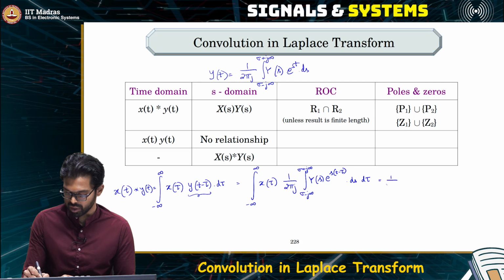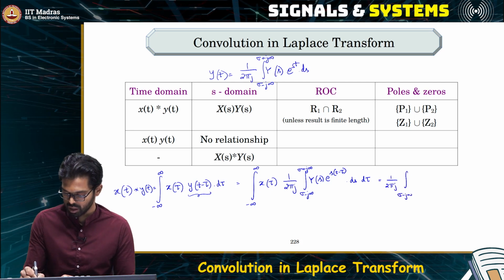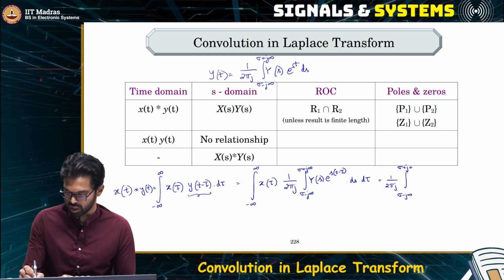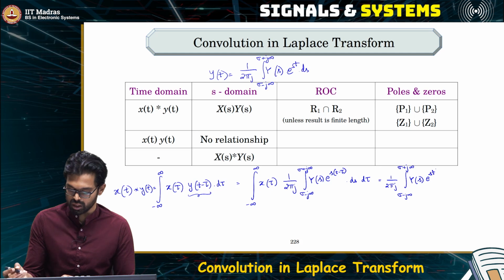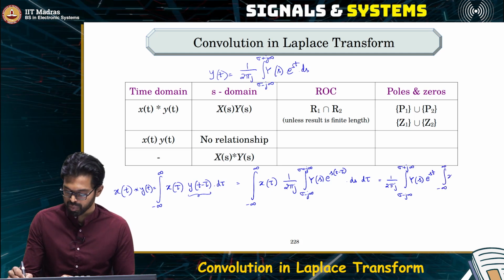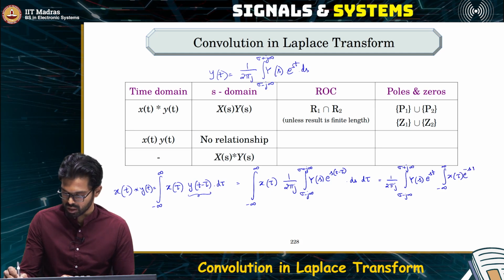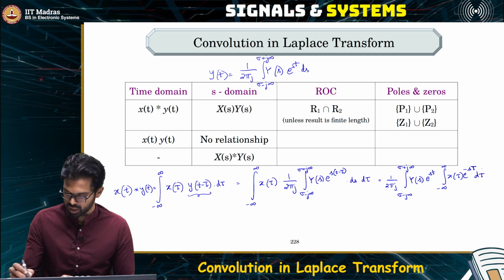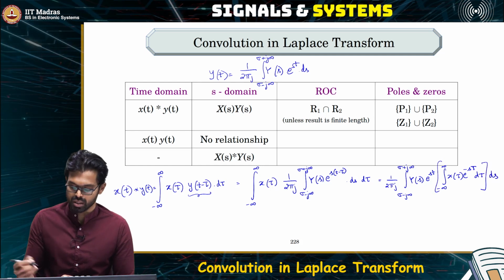Now we'll change the order of integration. When we change the order of integration, what do we get? Let's bring the constant outside and we'll do this integration Y of s e power st. Then we'll have integral from minus infinity to infinity of x of tau e power minus s tau d tau. We'll integrate first this, followed by ds.